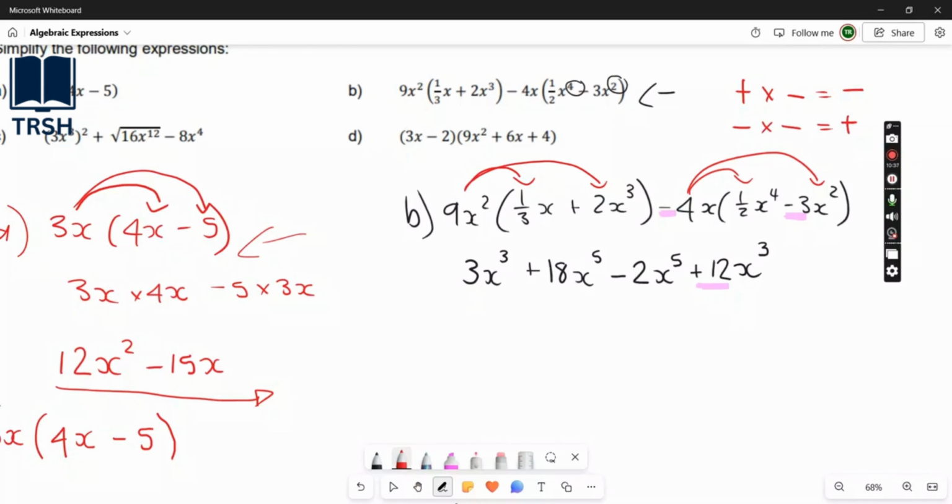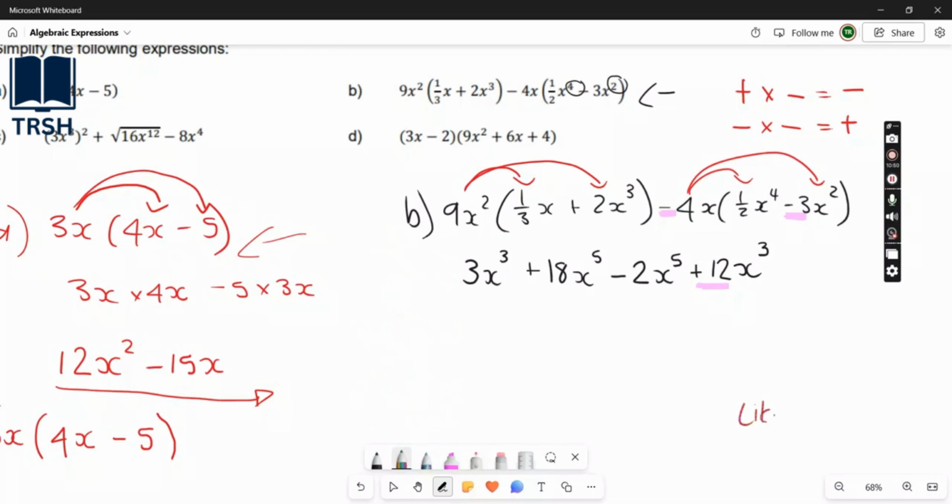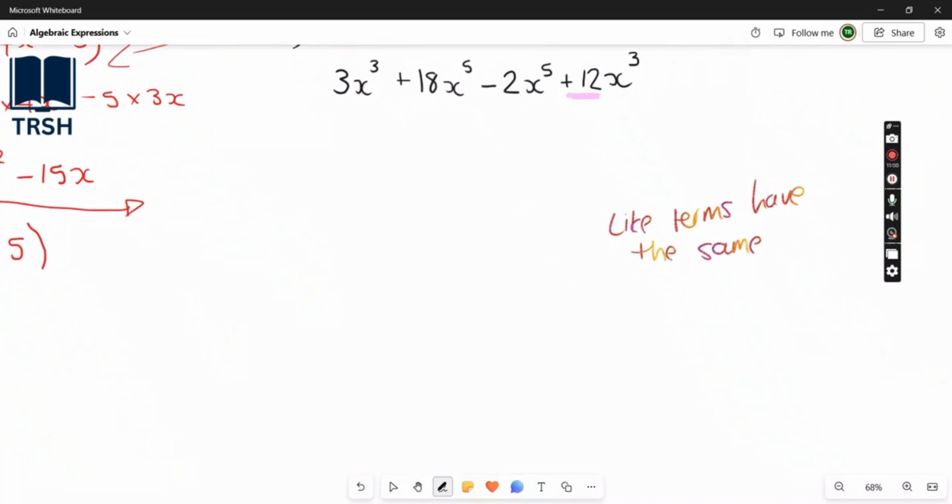Okay. Now that we have done that part, we can have a look and ask ourselves, do we have any like terms? Like terms are terms that have the same variable and exponent.